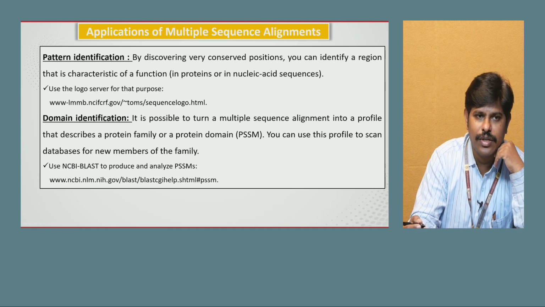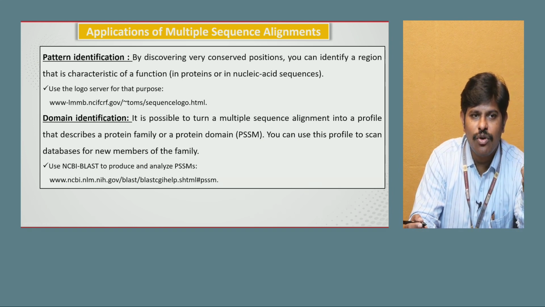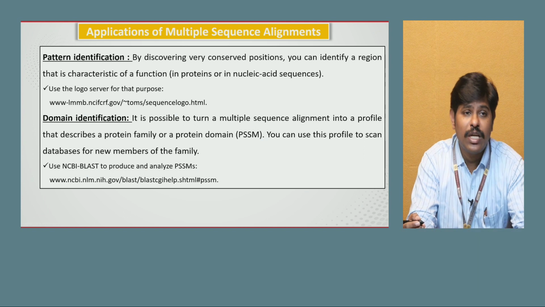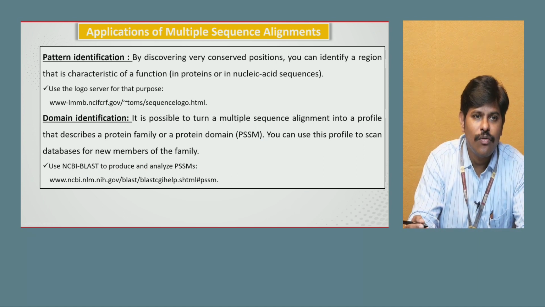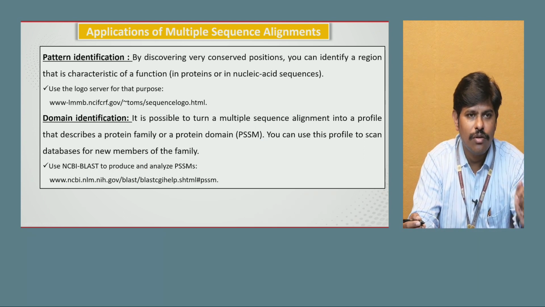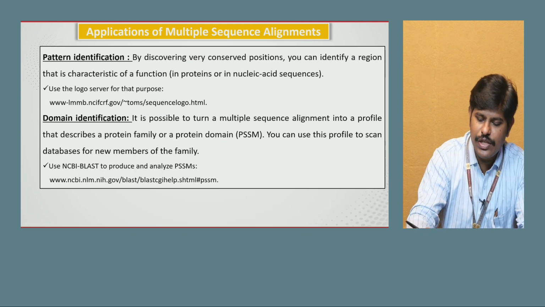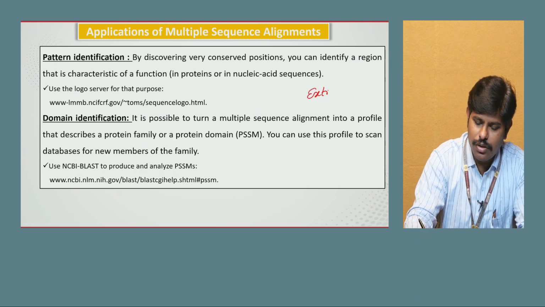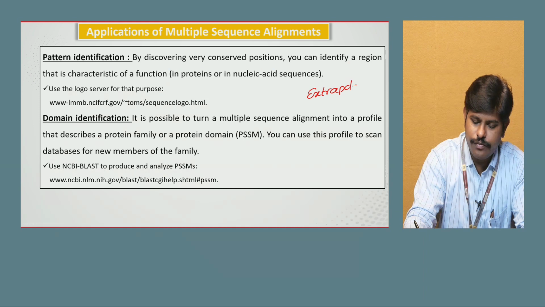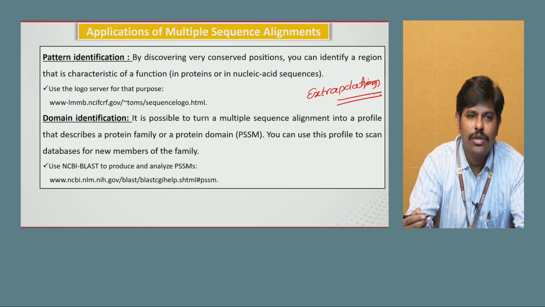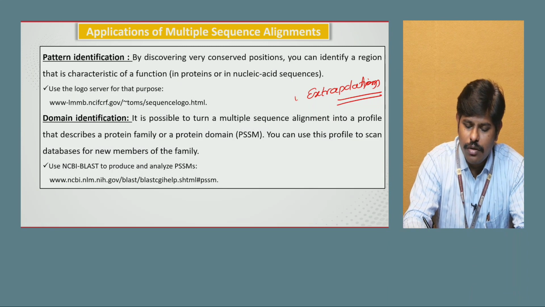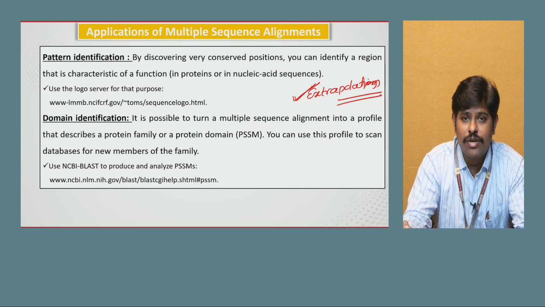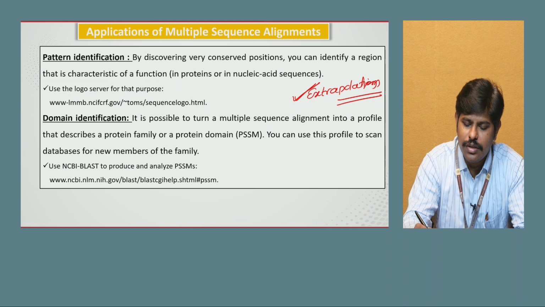But if it is matching with more than one sequence, and the result is quantified by multiple sequence alignment, you can confidently say that my protein has this novel function. So, that means extrapolation of the findings to tell about the functions of unknown proteins with high confidence.